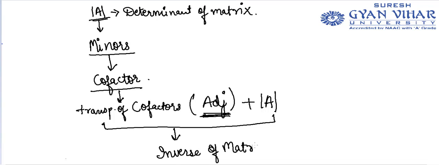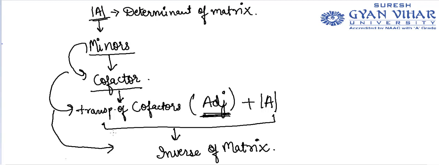Okay. So from minor you can move to cofactor, from cofactor you can move to adjoint, and from adjoint you can go to the inverse of matrix. So this is a conclusion, like if you want to find the inverse, what all you must know, and to find the cofactor you must know minors. So this is a basic cycle of matrix.